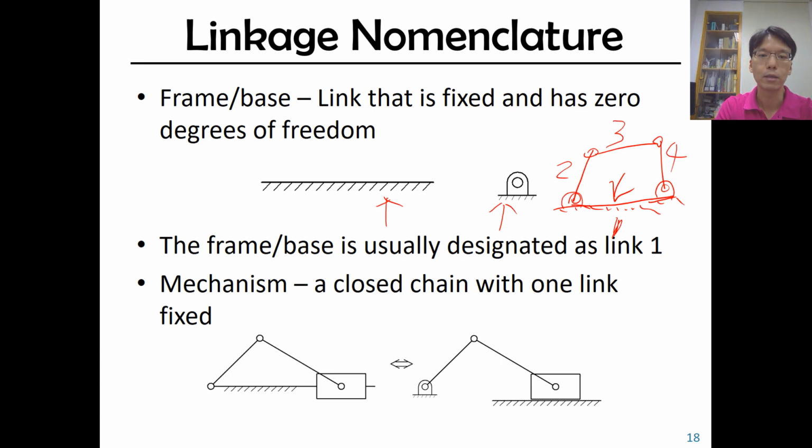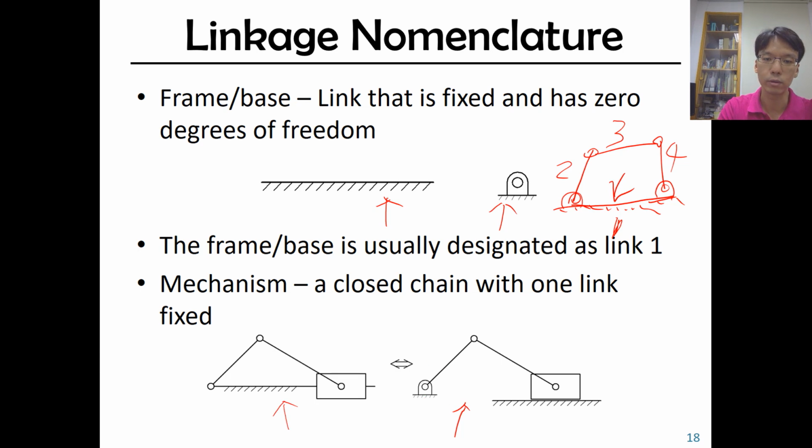So a mechanism is a closed chain with one link fixed. This is a mechanism and this is also a mechanism. They both have one link fixed. One thing not mentioned here is that all the fixed links are considered as a single link.